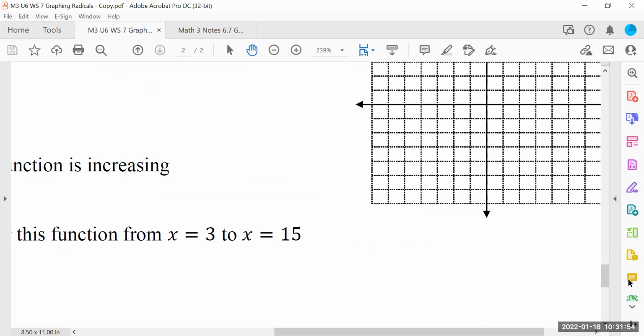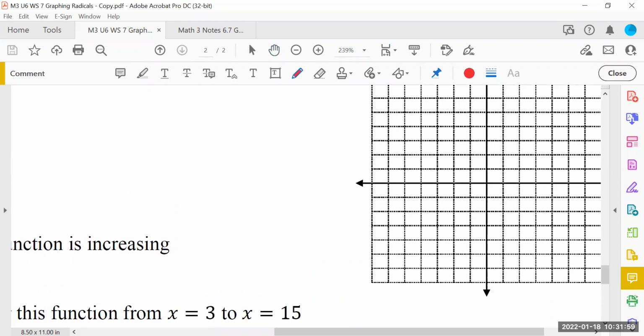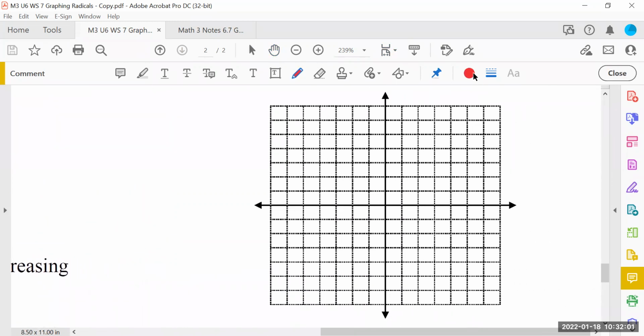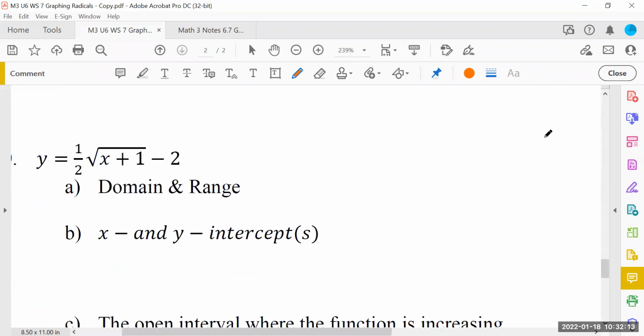If it'll let me. There it goes. So same points as always, 0, 0, 1, 1, 4, 2, 9, 3. Now I'm going to multiply those points by 1/2. Okay? Multiply the points by 1/2.